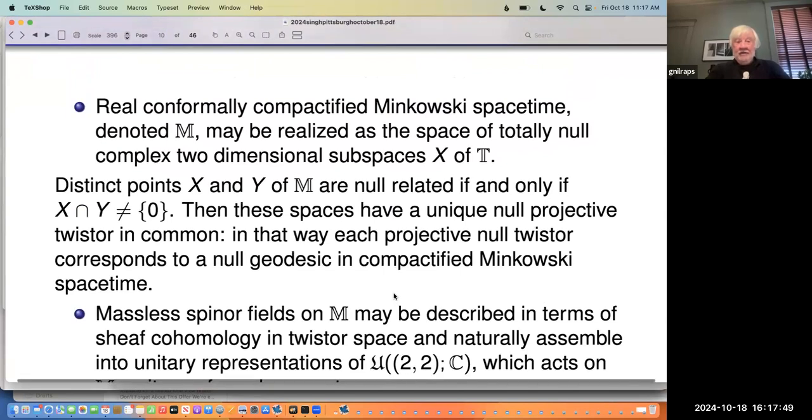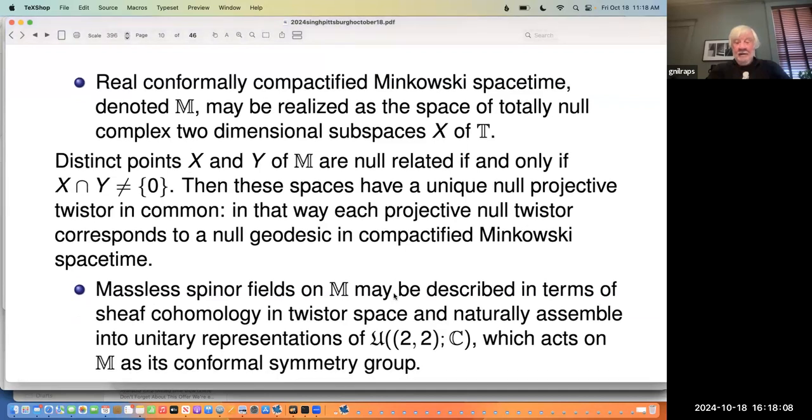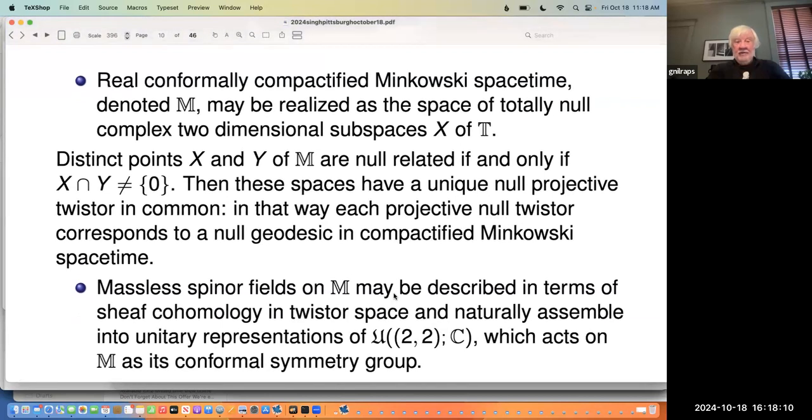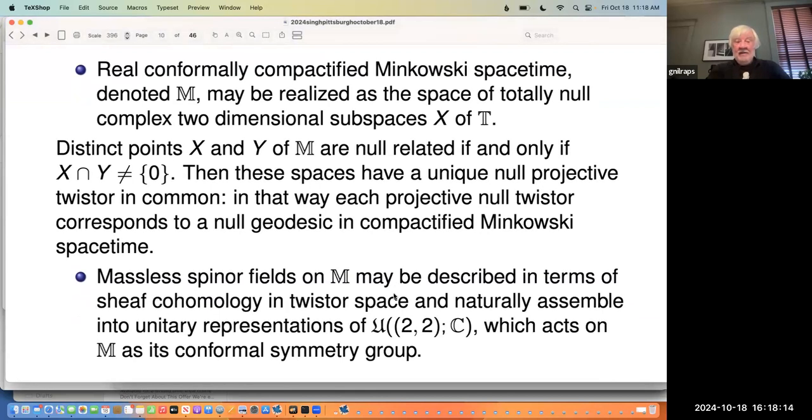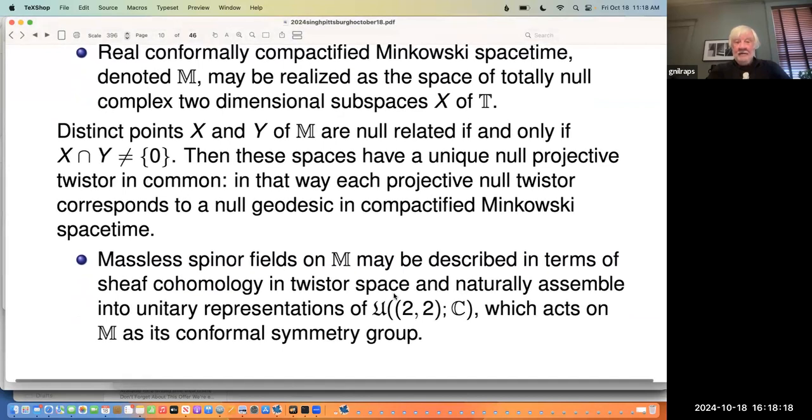The conformal structure is such that 2 points are null related if the intersection of the 2-dimensional subspaces, which would normally be 0, is non-zero. And it turns out that if they are null related, there's a unique null projective twistor in common, and that means that the projective null twistors actually give you null geodesics in compactified Minkowski space.